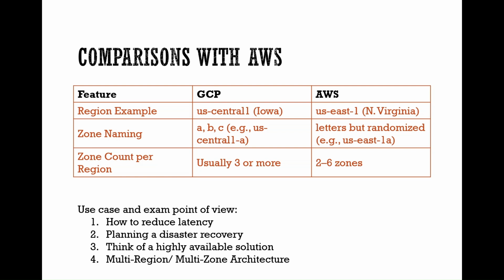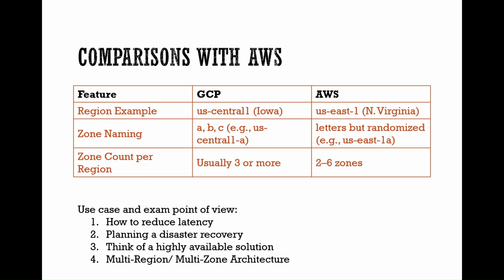How disaster recovery can be designed: I already mentioned how disaster recovery can be done using regions and zones. These are all questions that come up in your examination. Multi-region, you understand, means placing your application in multiple regions. You can also place your application in different zones, but sometimes there is a zonal failure.